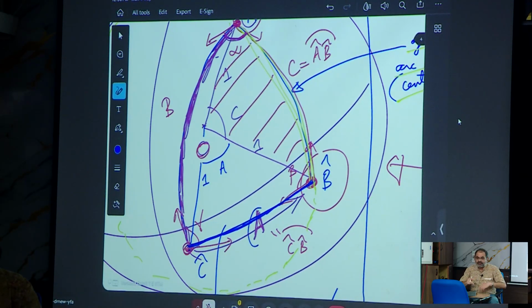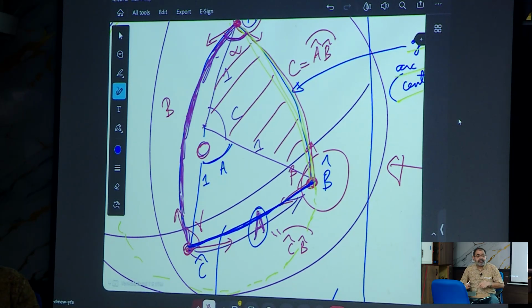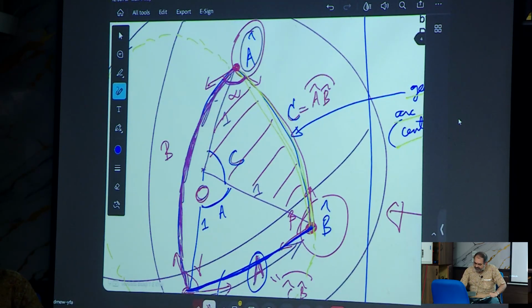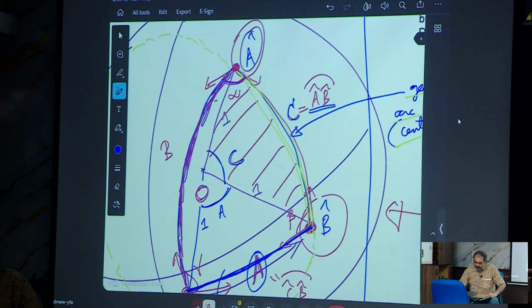So you must understand that there is a little bit of a complication. Capital A refers not only to the arc length of this smaller arc of the great circle that joins B hat and C hat, but A is also the angle subtended by that arc at the center of the sphere. So this is A, and then this is C, subtended by the arc connecting A hat and B hat, the smaller arc of the great circle passing through A hat and B hat.